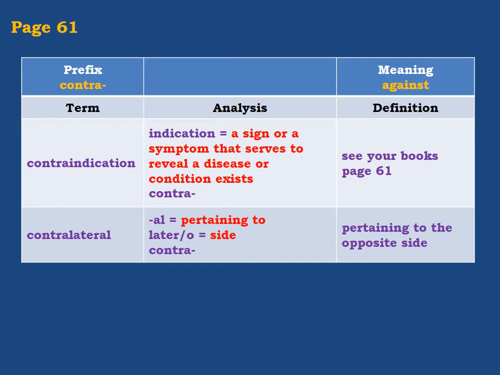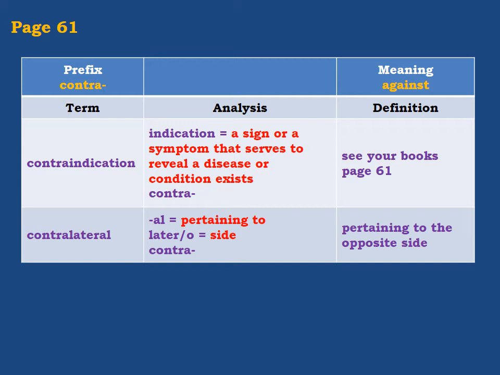Okay, so this is contraindication. Let's look at the example again in your books. Example, it says drugs used to treat acne. You know the meaning of acne, the spots that especially young people have on their skin, face, or back. So drugs used to treat acne are contraindicated in pregnancy because of possible harmful effects to the fetus.